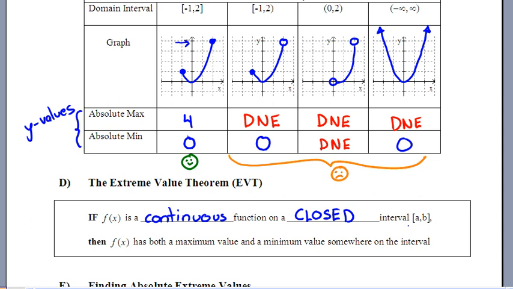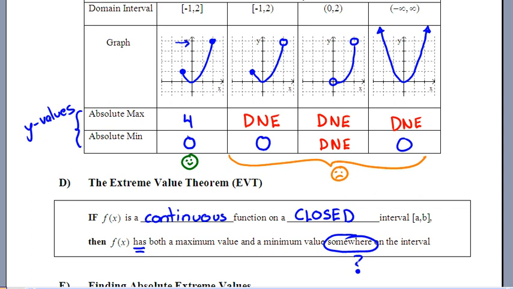Then that function has, I'm not telling you where it is, but it's going to be there, both a maximum value and a minimum value somewhere in the interval. It does not tell you how to go and find it. So you're on your own trying to find that absolute maximum or minimum. All we know is that they will be there.